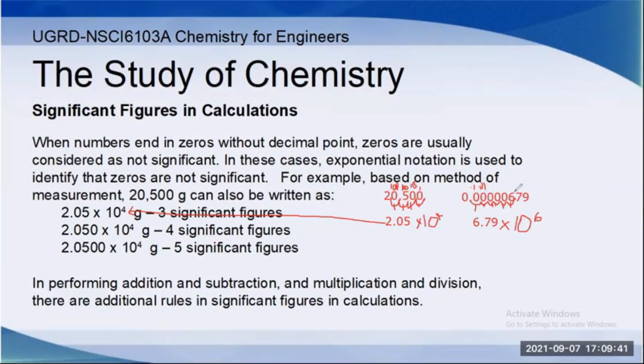But when we are moving to the right, we are dividing by 10. Since it is a divide, by the law of exponents, multiplication is adding exponents and division is subtracting exponents. So this will be negative. That's it for our scientific notation.